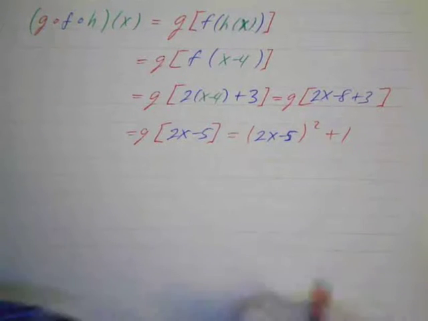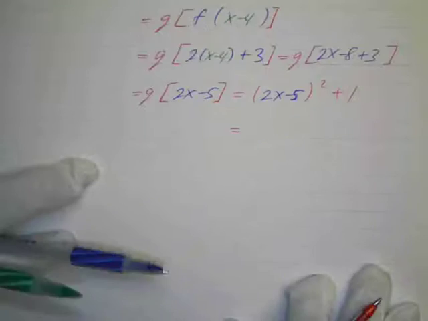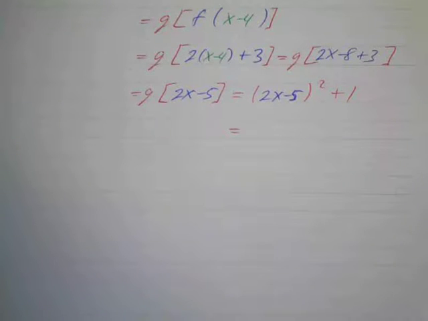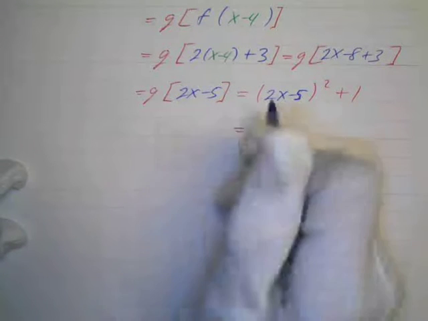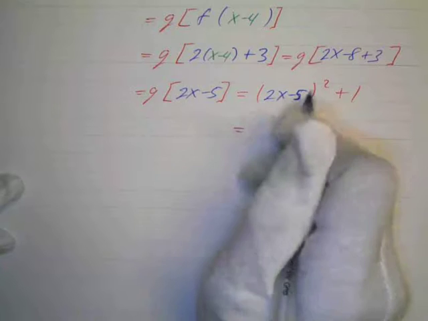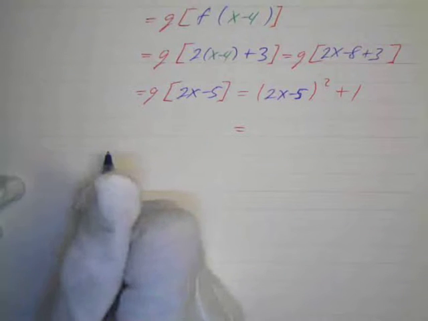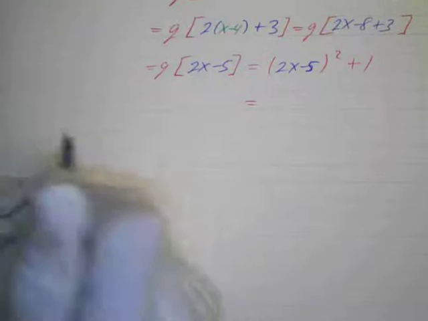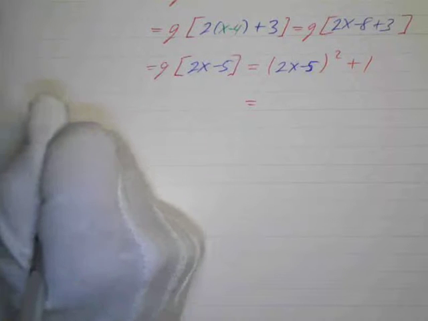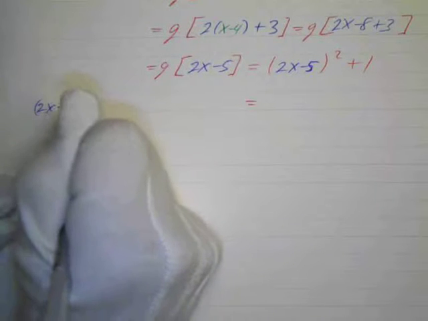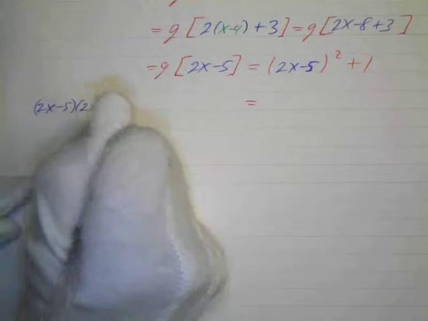Now what's 2x minus 5 squared? Well, you could FOIL it out. It's not that squared minus that squared. Please don't do that. It really means, and sometimes we say when in doubt, write it out: 2x minus 5 times 2x minus 5.